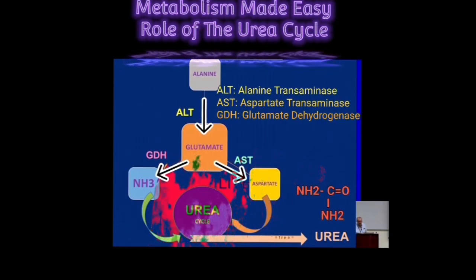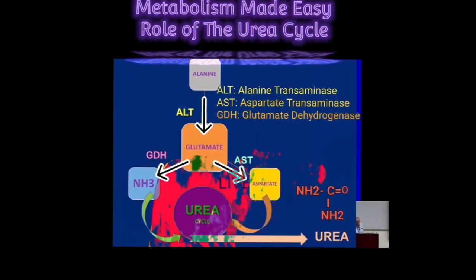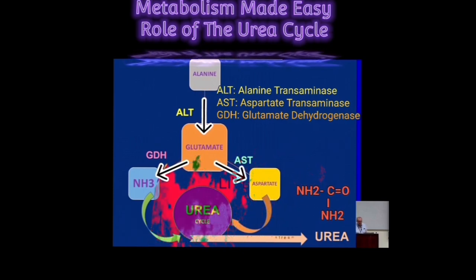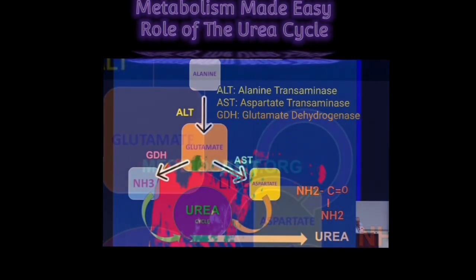The subsequent metabolism of glutamate generates ammonia and aspartate, two important molecules that can feed into the urea cycle and produce urea in the liver.